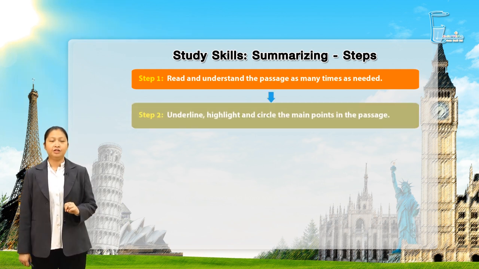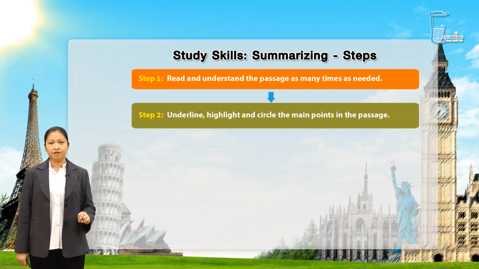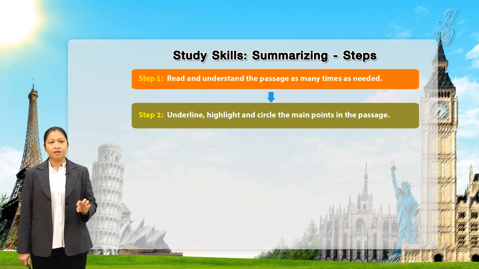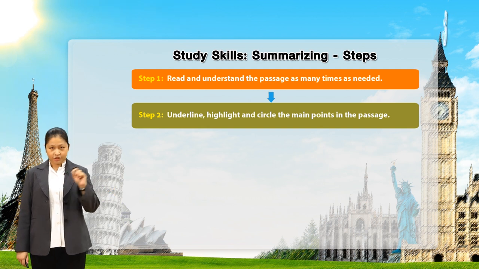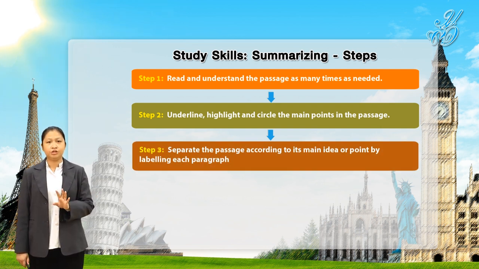Step 2, underline, highlight, and circle the main points in the passage. By doing this, you will be able to see easily the key points or the main important points in the passage. Step 3, after highlighting or underlining or circling the main points, separate the passage according to its main idea or main point by labeling each paragraph.